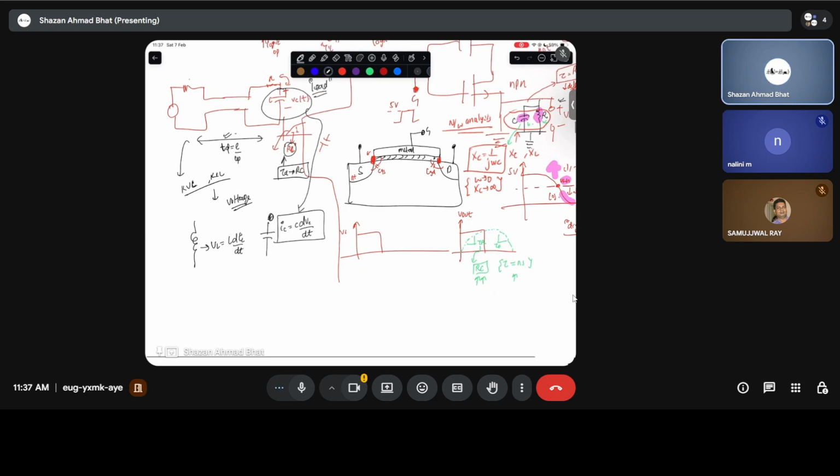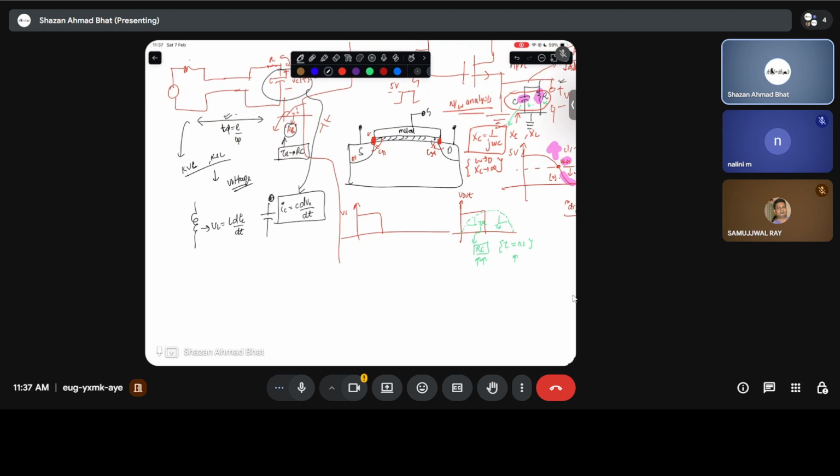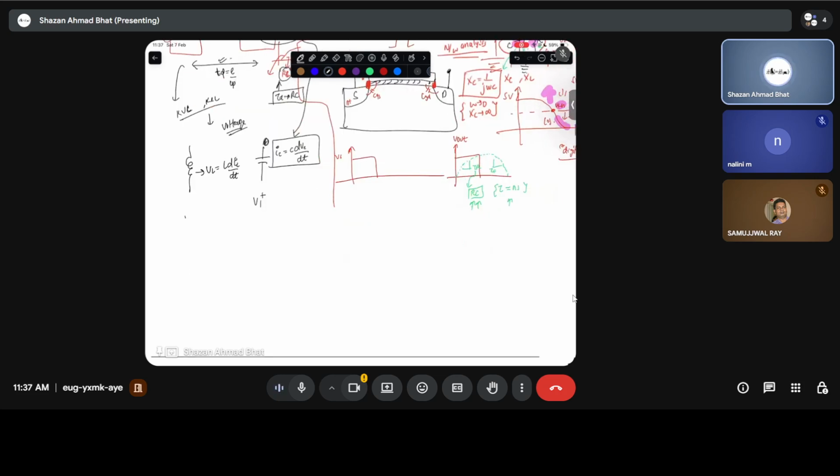So once we have this particular thing, we can write a KVL across the loop, and it can give you exactly what is basically the V1. If we need to find, let's say, V1 plus, just like in a lattice diagram, the initial voltage at time t equals 0 is basically V1 plus.